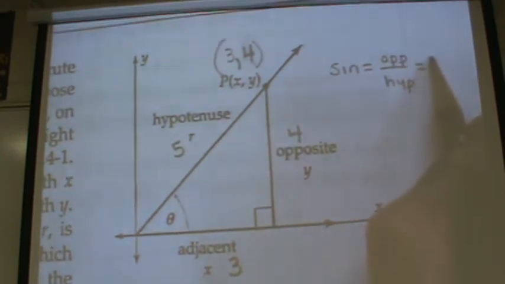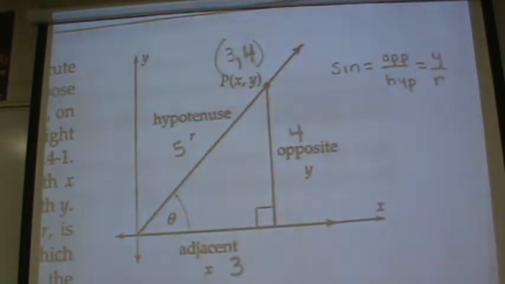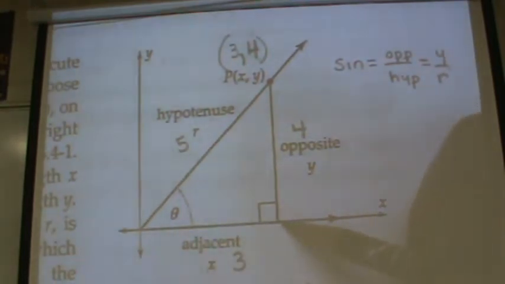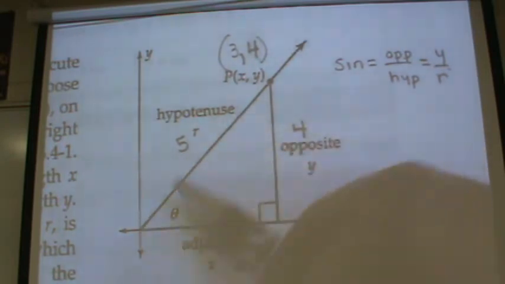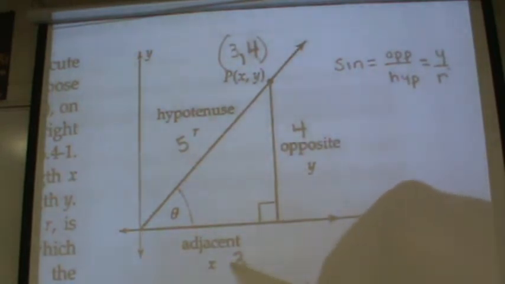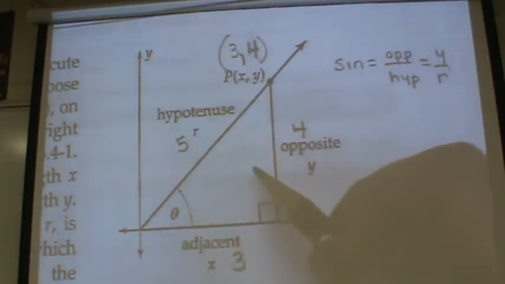So another way of saying sine, you could say the y value over, we're going to call this the r. That's your hypotenuse. So we're naming this leg x, this leg y, and this leg r. This is really not a leg, it's a hypotenuse. These are your legs. So adjacent is going to be your x value, your side opposite is your y value, and your hypotenuse is your r.